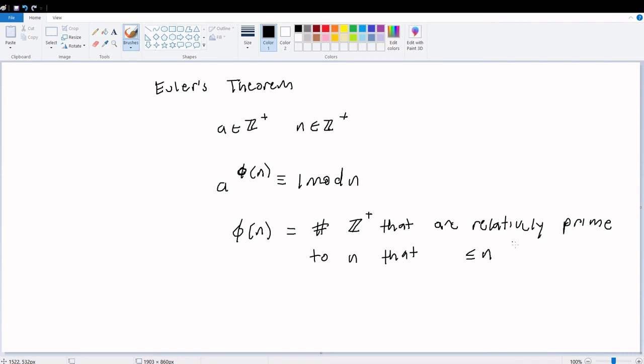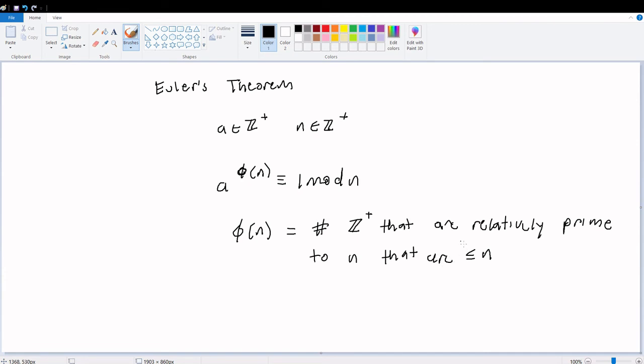Okay, kind of a long statement, right? So phi of n is the number of positive integers that are relatively prime to n that are less than or equal to n. I just realized I forgot the r. Okay, there we go.